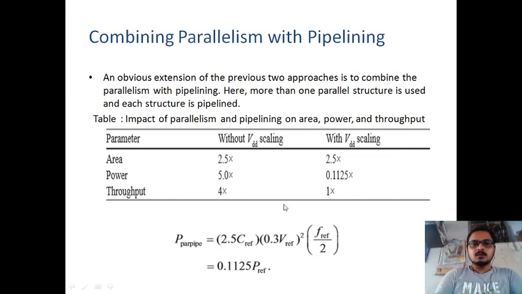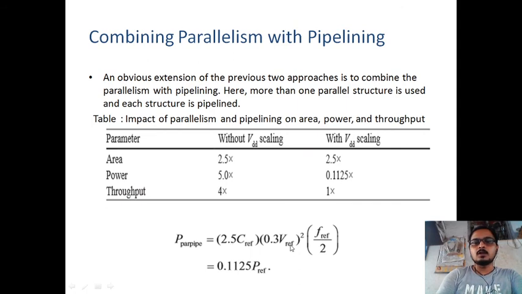See here the power dissipation for this concept, combining parallelism with pipelining. Here the capacitance is increased by a factor of 2.5. Generally for parallelism, we are using two circuitries instead of one, so the capacitance is almost double.